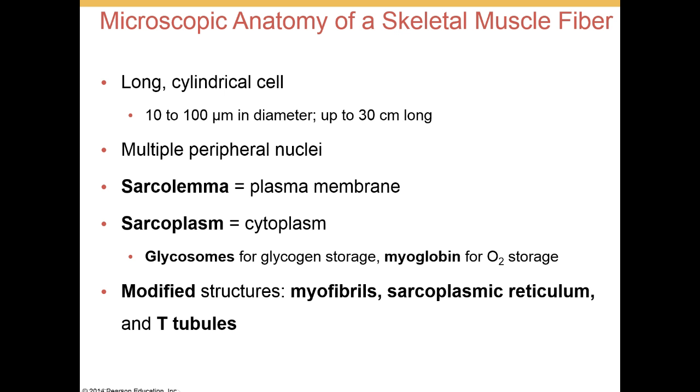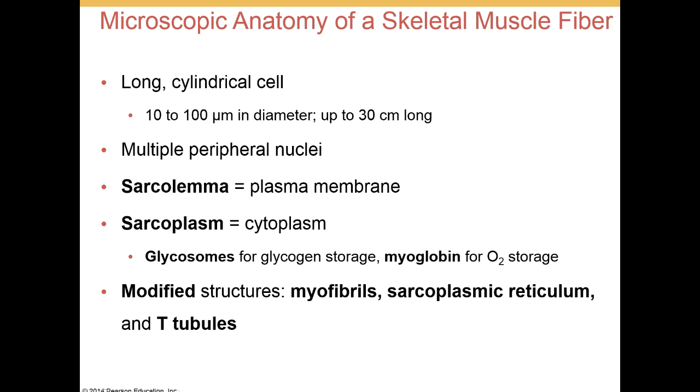Other modified structures that we see in skeletal muscle fibers that we'll be going through in more detail later on will include the myofibrils. Myofibrils are the contractile organelles of skeletal muscle tissue. The sarcoplasmic reticulum, and the name sarcoplasmic reticulum should remind you of endoplasmic reticulum, which is a structure you learned in Chapter 3, a series of membrane tunnels found inside the cytoplasm of a cell.